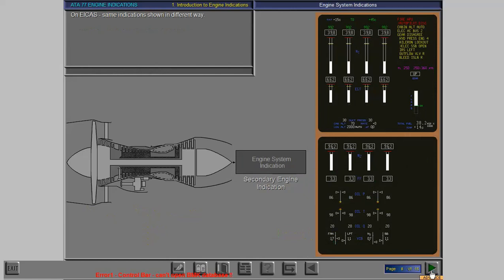The indications on the ICAS generally give the same information as the indications on the ECAM, although they are shown in a different way. It should not be too difficult for you to find the oil temperature indication on this display.